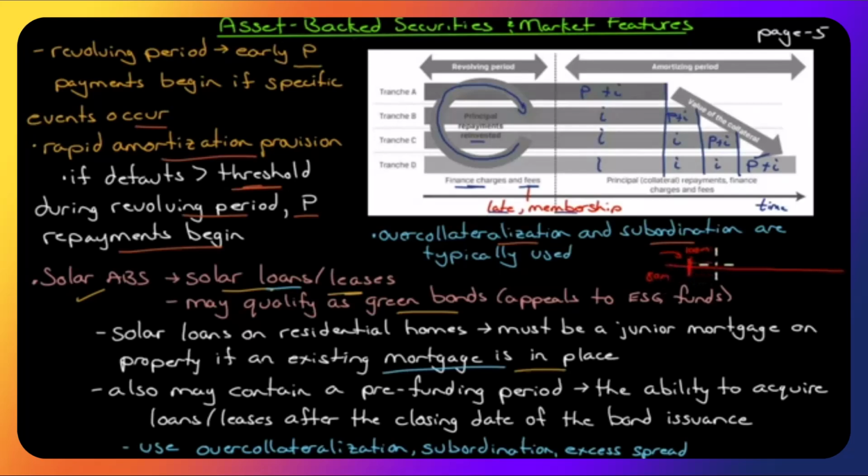So there is a period of time in which, okay, well, we'll still take the 100 million, we'll pay for these 80, but we'll add another 20 over this period of time. That is a pre-funding period. Types of credit enhancements used here: over-collateralization, subordination, and excess spread.